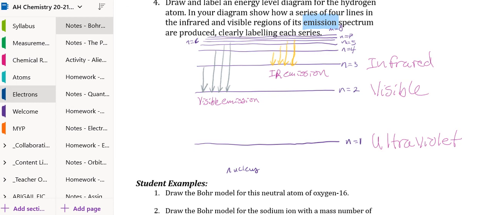What would be switched if this question asks for absorption in infrared and visible? What's the only thing I would need to do? Switch the way the arrows are pointing. They point up. So visible absorption starts at the second energy level and goes up to higher. What about infrared absorption? Where would it start? It would start at the third energy level and go up. And what about ultraviolet absorption? Start at first and go up.